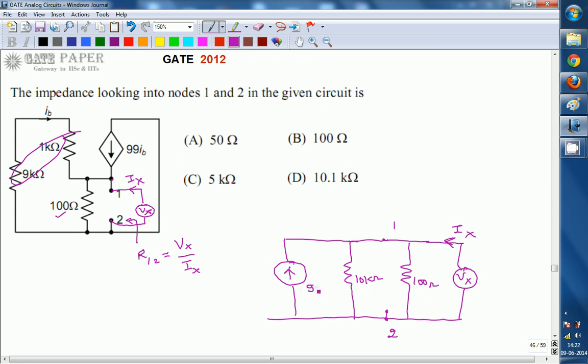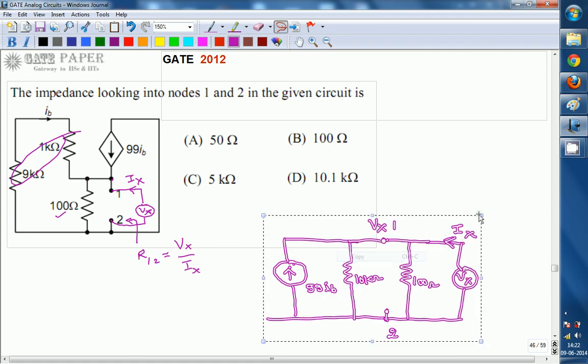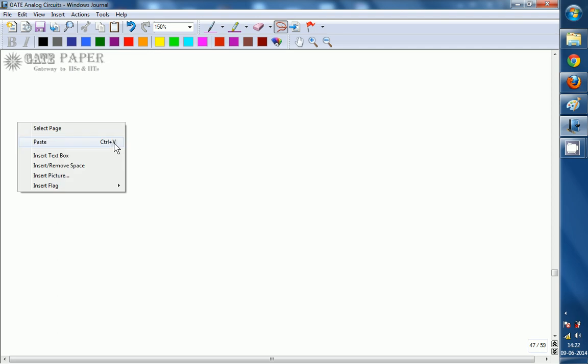The value of this source is 99 Ib. Now assume this is the voltage we are applying, Vx. Apply KCL at Vx.